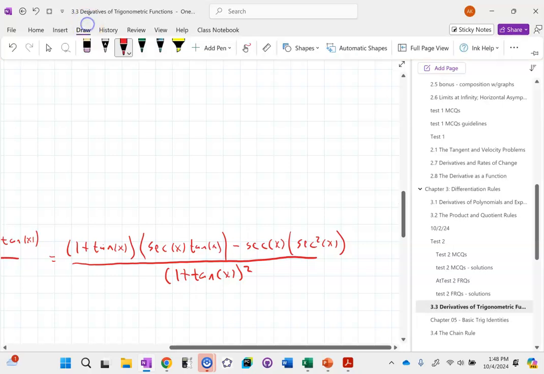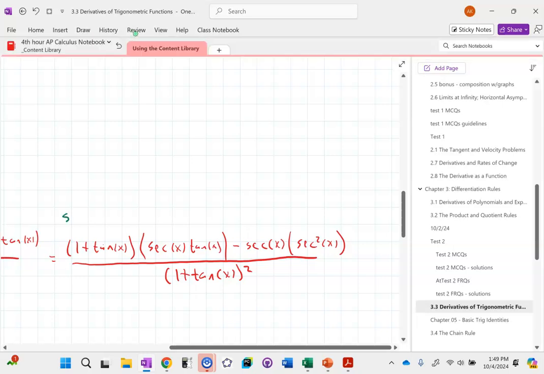So if I look at that numerator, I'm going to look for maybe the most efficient way to deal with this. If I look at the two terms in the numerator, do you notice that both of them have a secant in it? I do too. I'm going to start by factoring that out.